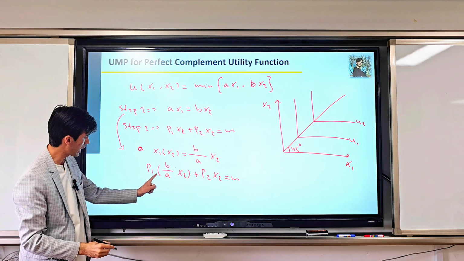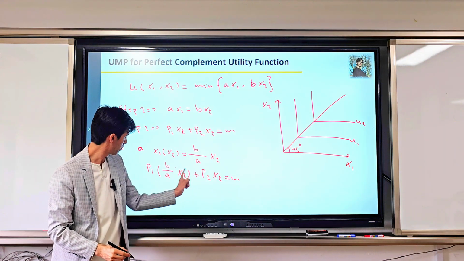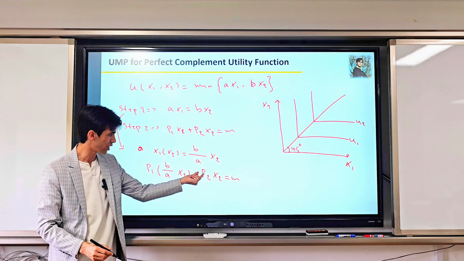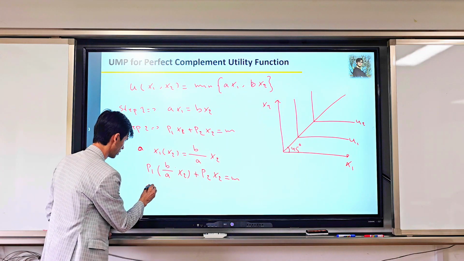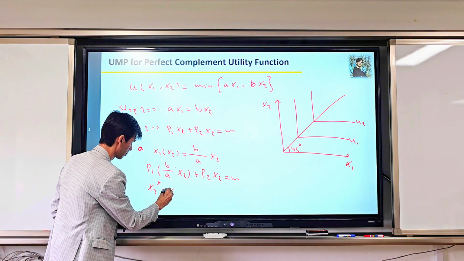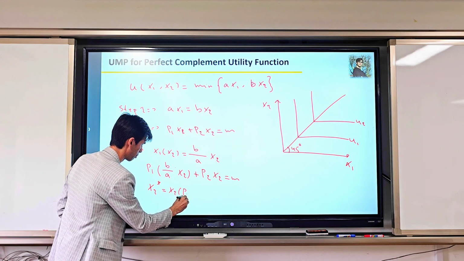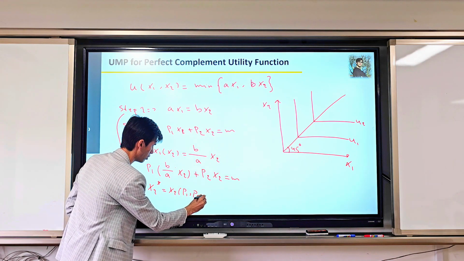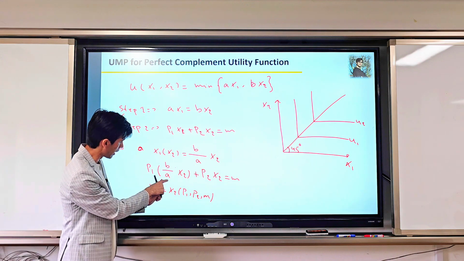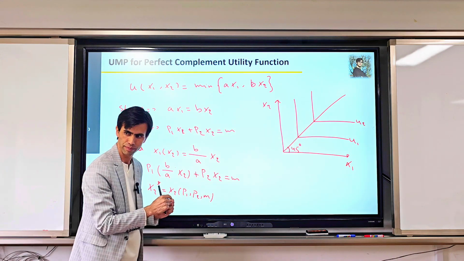So now we only have x2, p1, p2, and m. It's very easy to find x2 in terms of p1, p2, and m. Then we can find x2 star as a function of p1, p2, and m.